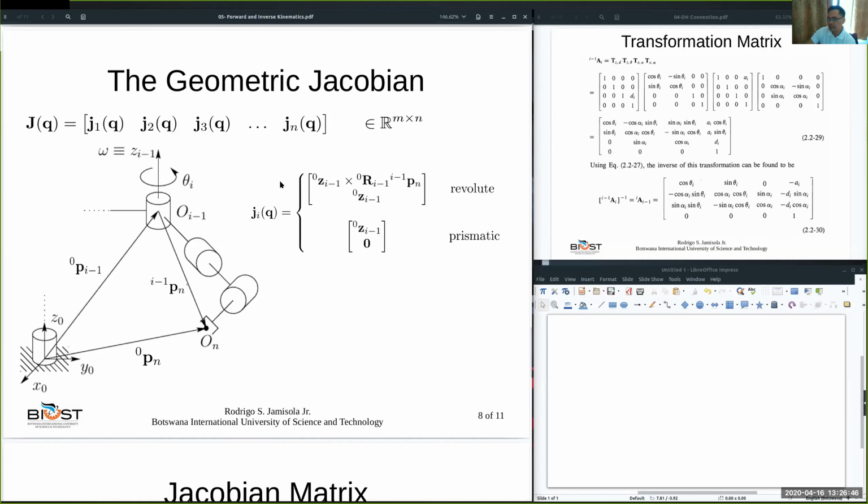And we see that the Jacobian is a matrix with n columns. We can subdivide it into columns, say column 1, 2, up to column n, depending on the number of joints. That means each of these columns is a vector. So what is the composition of that vector? It is computed using geometric interpretation.